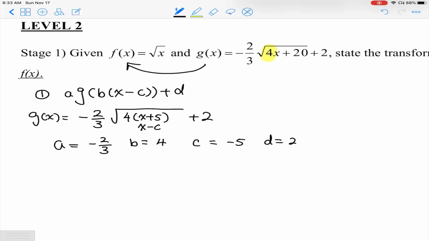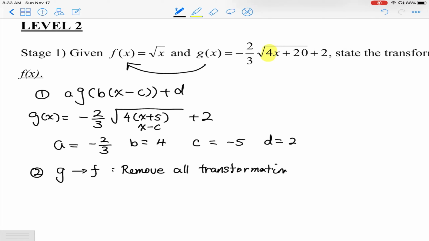So then once you find a, b, c, and d, all we have to do is do everything backwards by removing all the transformations. We're going from g(x) to f(x), and that means we're removing all the transformations. When you do so, make sure you go backwards in terms of the steps too.